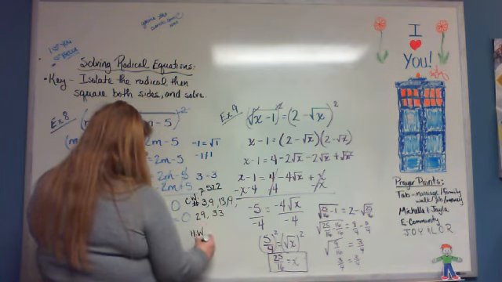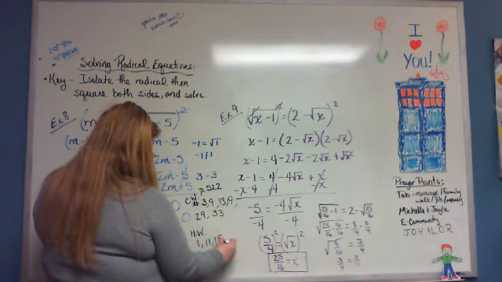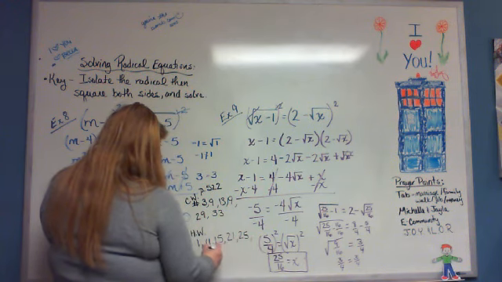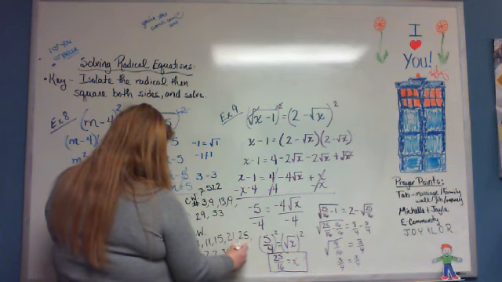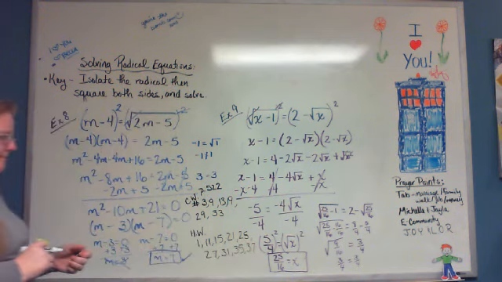And then homework is numbers 1, 11, 15, 21, 25, 27, 31, 35, and 37. Challenging.